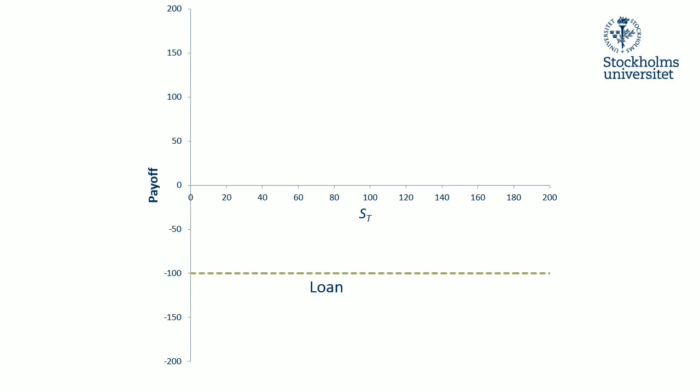Suppose that strike price is 100, just to make this illustration more specific, then we need to return that loan, and that would be for 100. So at maturity, we need to pay 100, no matter what the value of the price of the stock at maturity is. Together with that, we bought the stock.